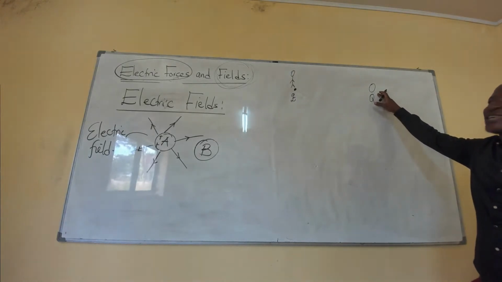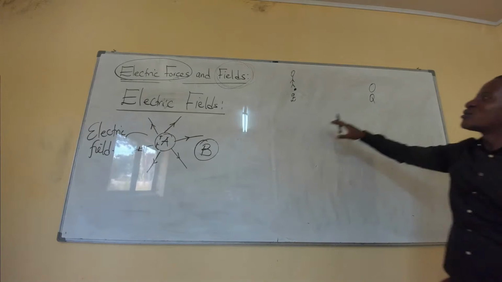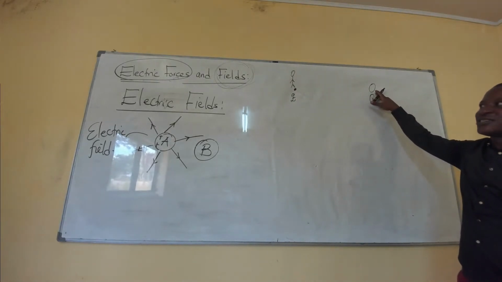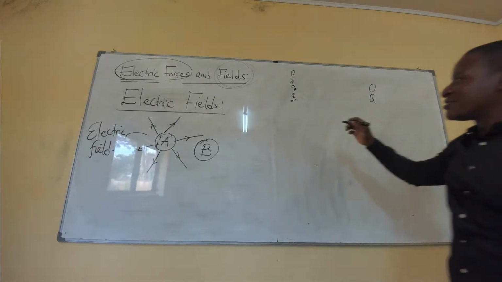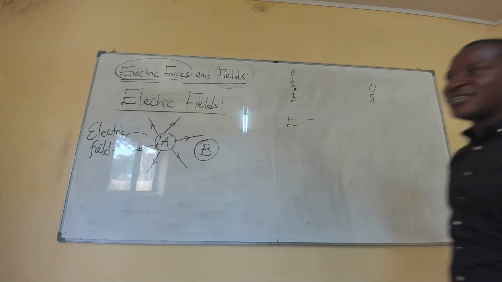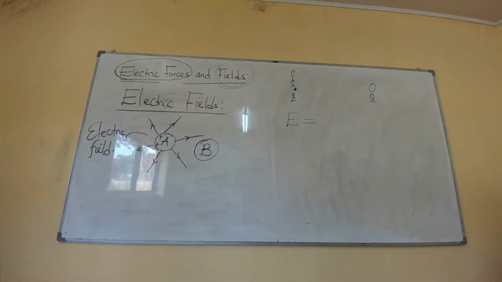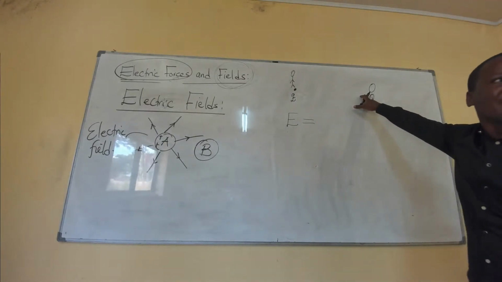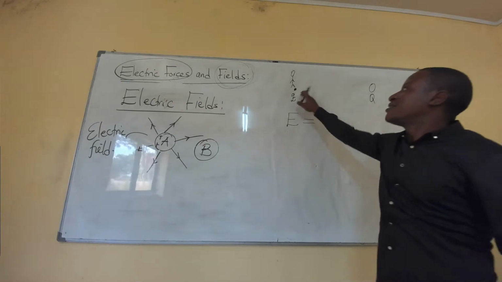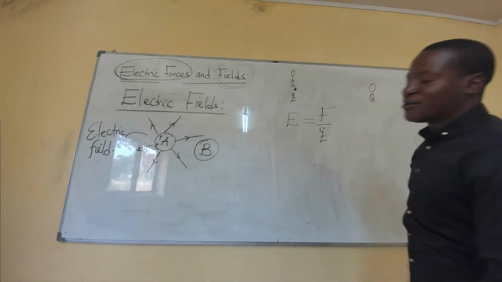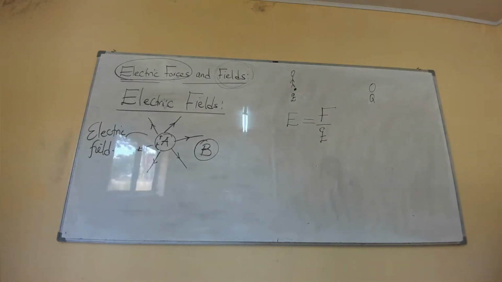So in other words, we are saying the electric field that we are able to get from this as a result of that bigger charge is given by what? We are saying this electric field is defined by E, which must be equal to F, where F is the force in between them, divided by the small letter q.